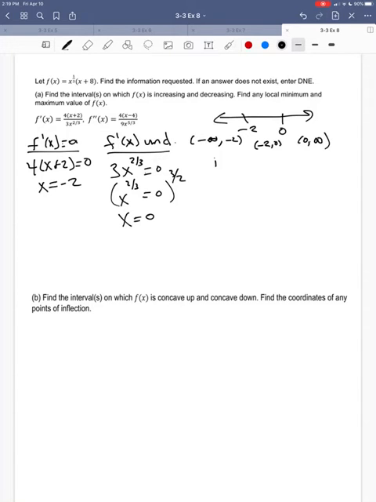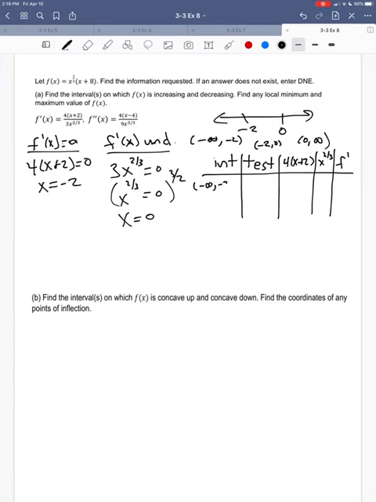I'm going to look at each interval and take a test number, look at 4 times x plus 2 and x to the 2/3, and then divide them to get f prime. I can take test numbers negative 3, negative 1, and 1.